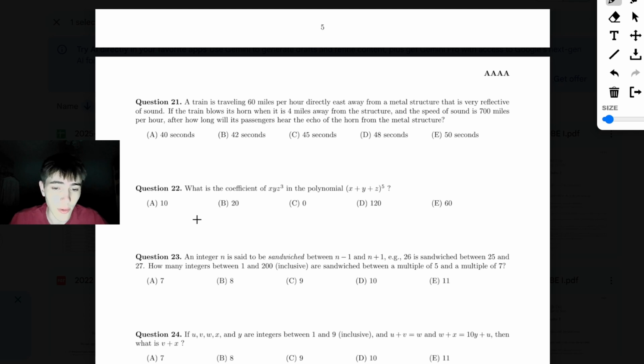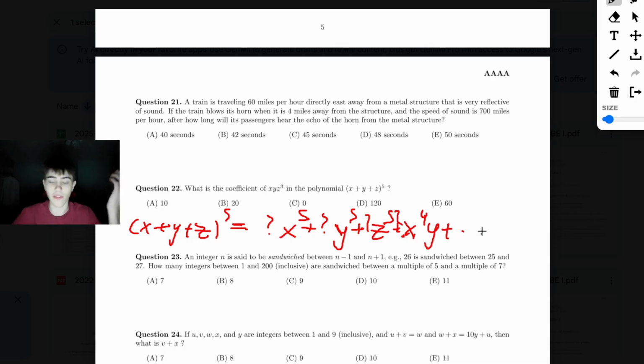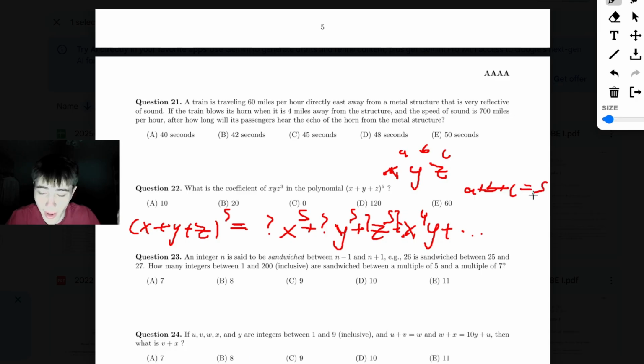It's going to be x to the fifth plus something y to the fifth plus something z to the fifth plus x to the fourth y multiplied by something. We don't know, so it's going to be all those different terms, with x, y, z all to different powers a, b, and c, and they're always going to add up to 5.